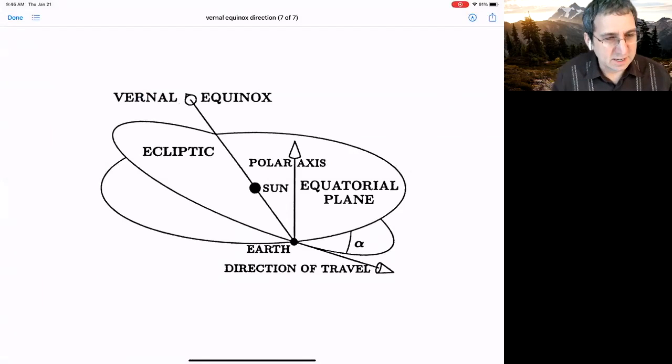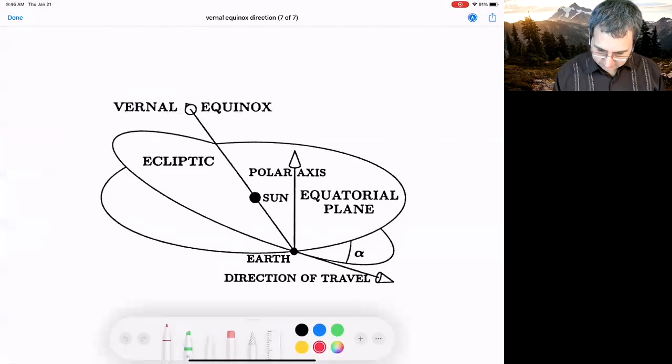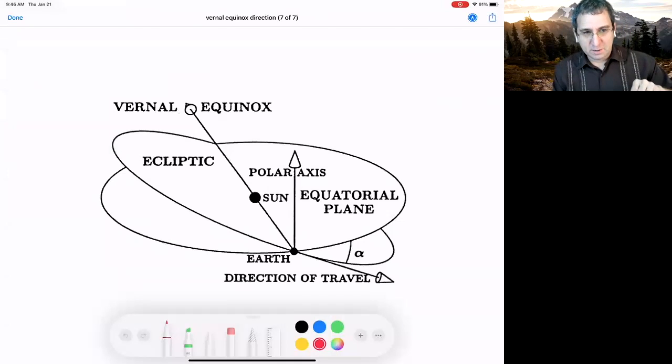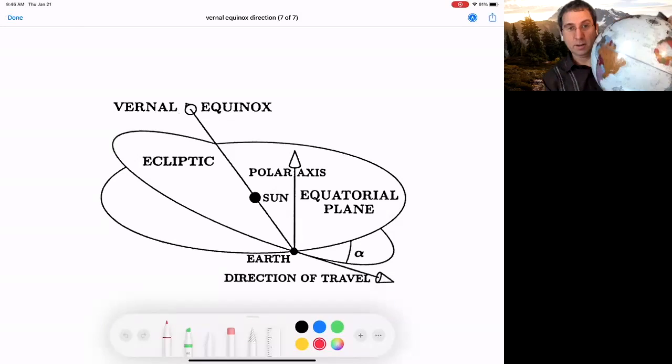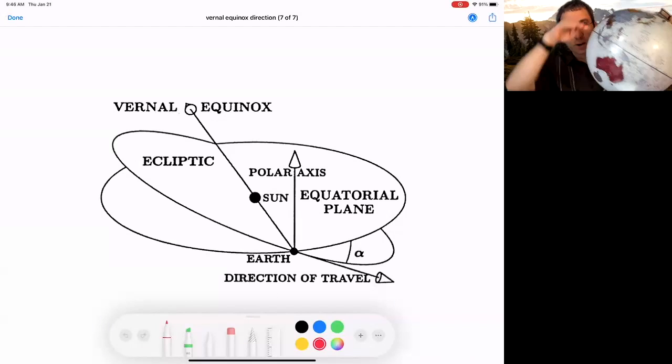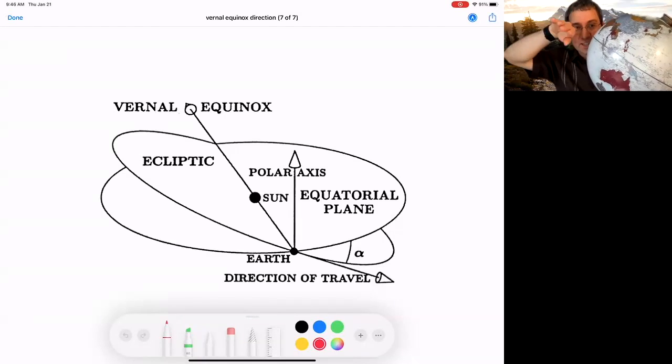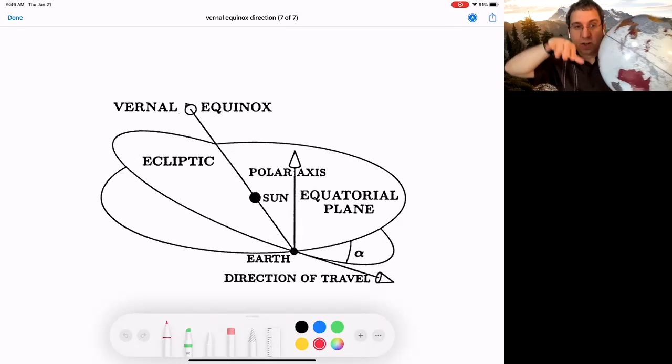So this sort of gives the idea, you have the ecliptic plane, right? The ecliptic plane is the orbital plane of the Earth, as the Earth goes around the sun. The equatorial plane is actually this plane that's fixed in space, so it has a fixed orientation.